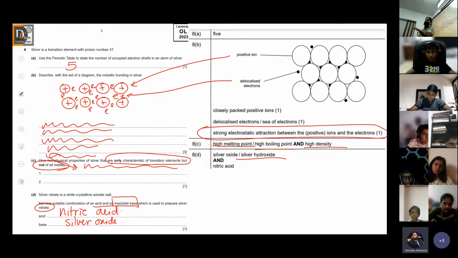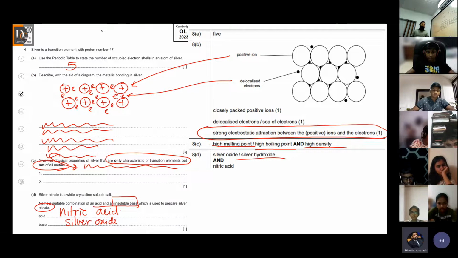In the class, I told several times, don't write carbonates as bases in salt preparation. But we can use it. Carbonates are basic salts. If they ask for an insoluble base, write oxide or hydroxide. If they ask for a suitable combination of an acid and a solid used to prepare silver nitrate, then carbonates are all right.